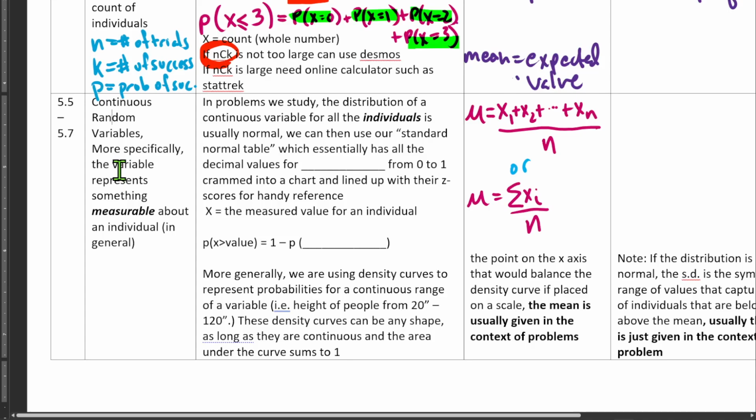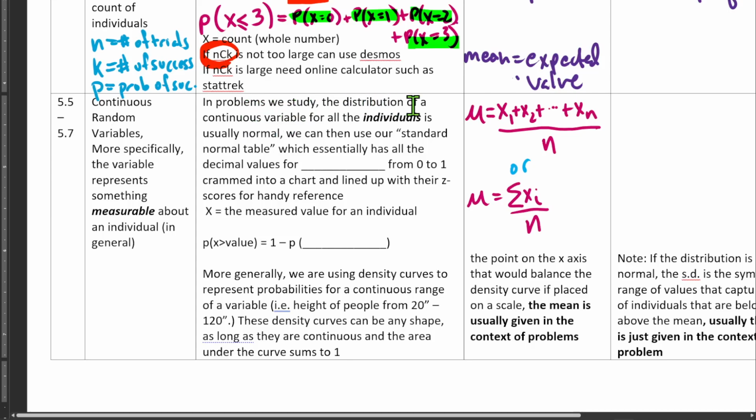It could be a height, it could be a weight, it could be a whole bunch of different phone chargers, and we're looking at the wattage. What's the amount of wattage from each phone charger? So something that we can measure and that's continuous. Height and weight are excellent examples because they're so simple.